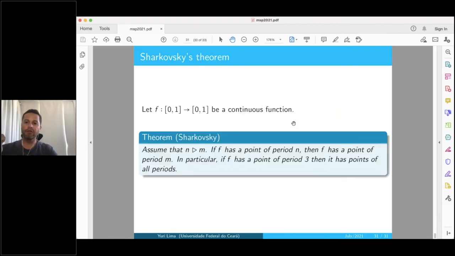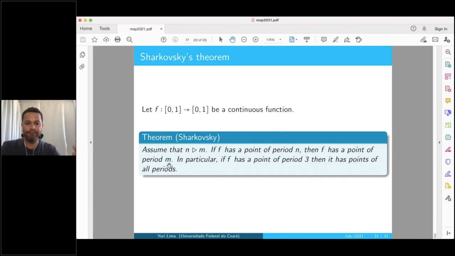If you are in the context that we introduced, and you have two numbers, n and m, in which n is bigger than m in the Sharkovsky order, so whenever f, your map, has a point of period n, the bigger one, then necessarily it has another point of period m.